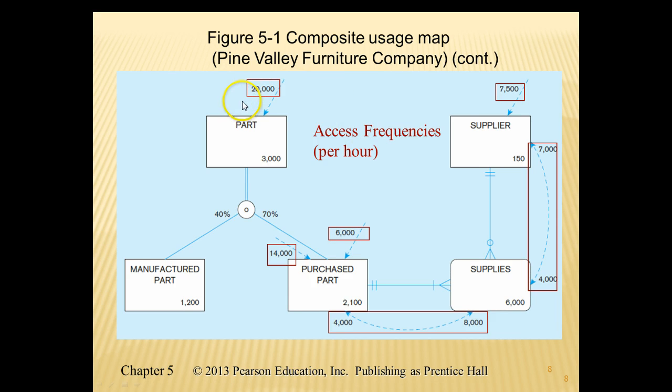Now this shows the access frequencies per hour, and there are 20,000 accesses in the part entity, and you'll notice that of the 20,000, 14,000 of those are directly from the database system, and then 6,000 are from some external source.